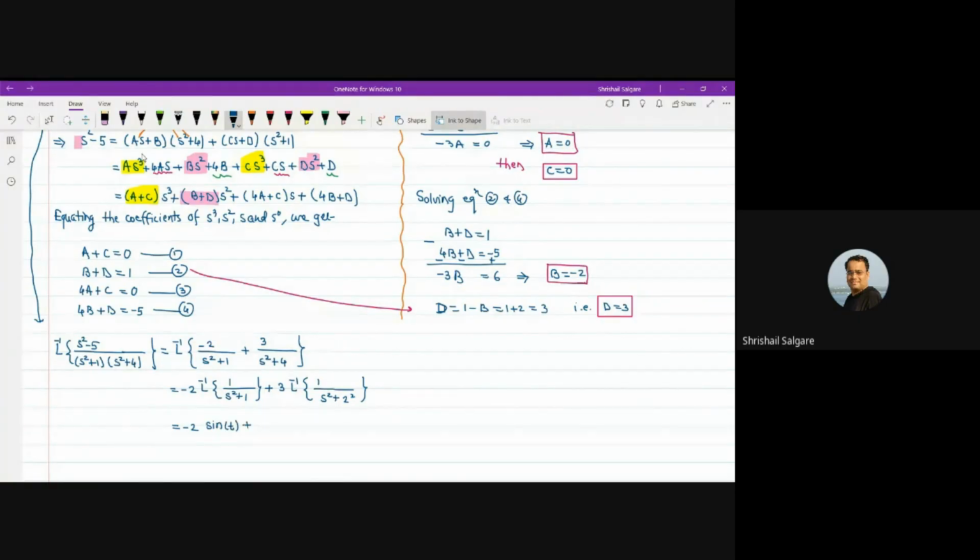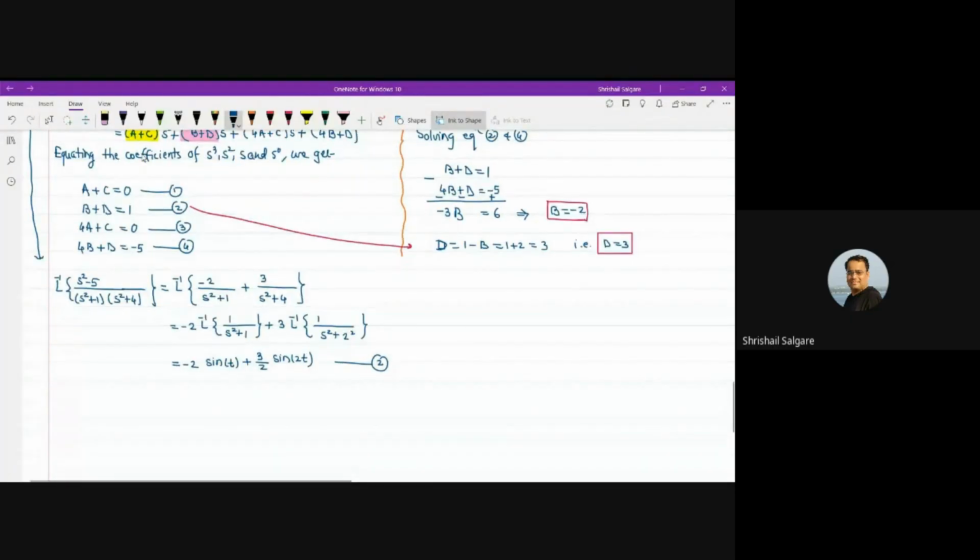Plus 3 by 2 into sine 2t. So this value, suppose equation 2, you have to substitute in equation 1. So from equations 1 and 2, we will get the final answer.